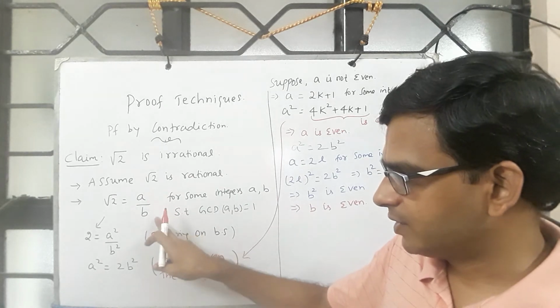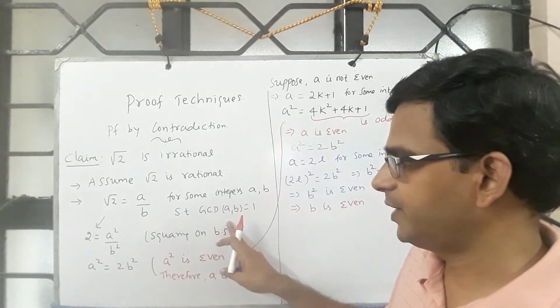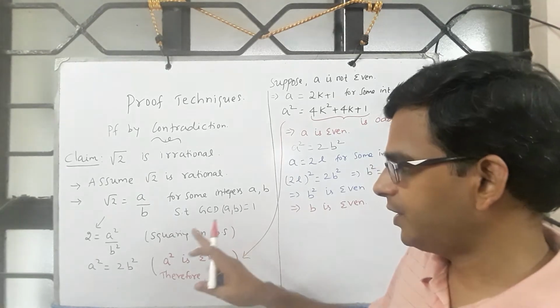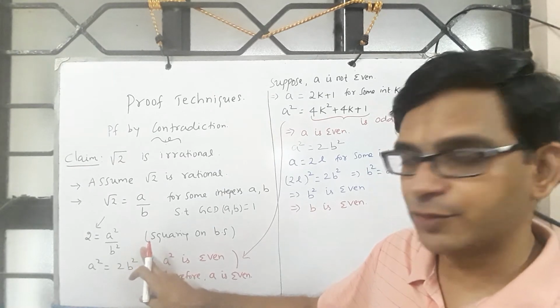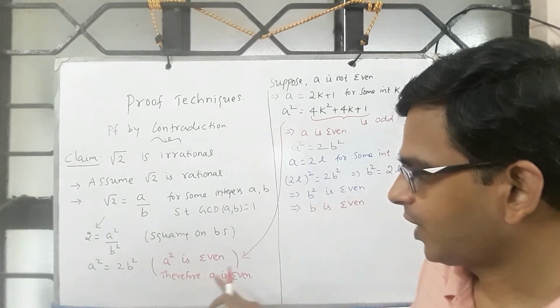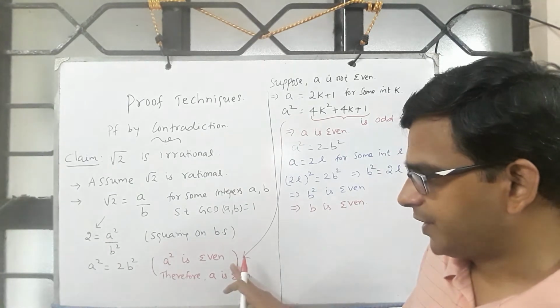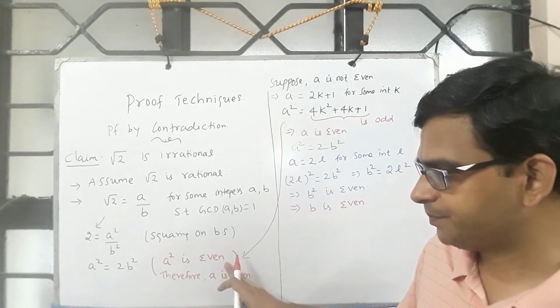Instead, we are taking this in the simplified form, meaning GCD of a comma b is 1. Now square on both sides, you get 2 equals a square by b square, so a square equals 2b square. Now from this we conclude, because it is 2 times something, that a square is even.